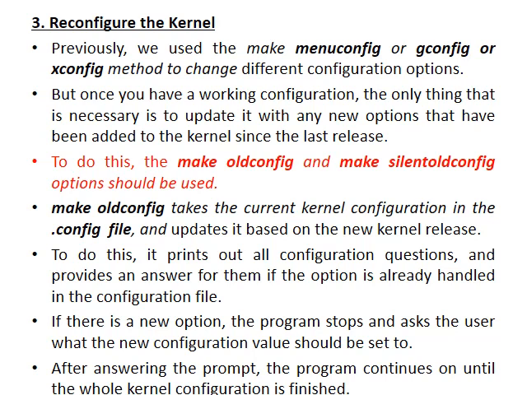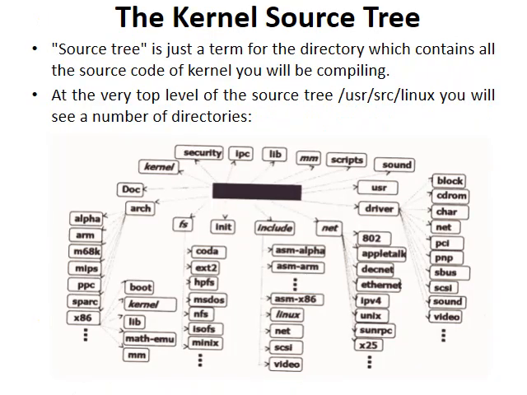Finally, after creation of the Linux image and its installation, the kernel source tree is created, which shows the directories associated with the kernel after compilation. The top level source tree directory is /usr/src/linux, and the subdirectories associated are depicted in the picture.